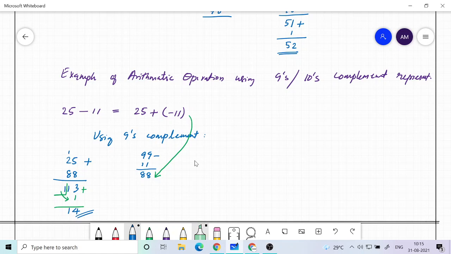Now what will be the case using 10's complement? So this is using 9's complement. Now let's also do it using 10's complement.